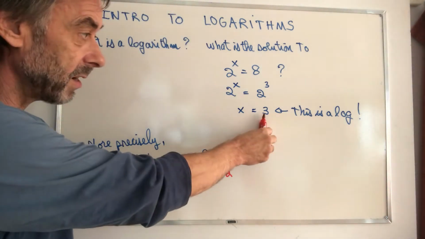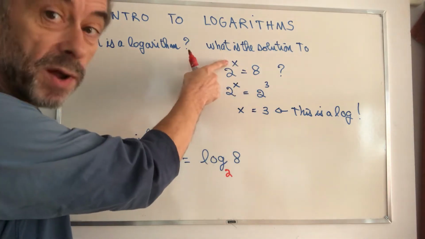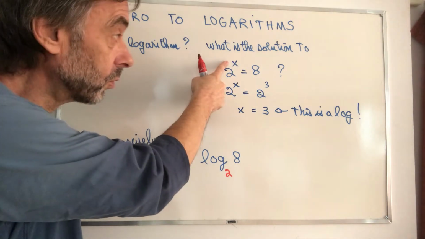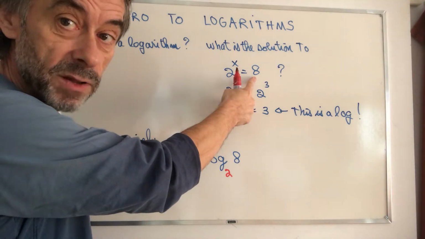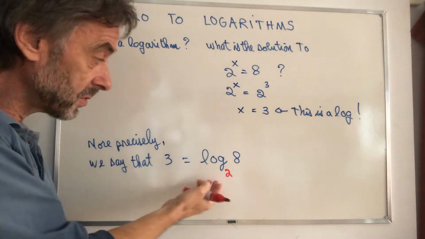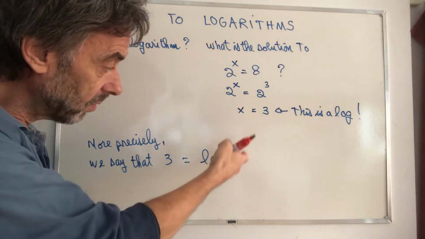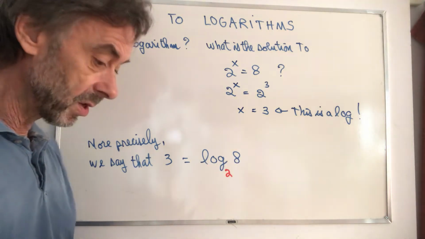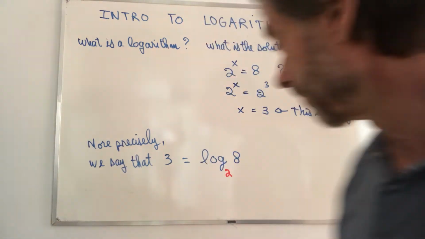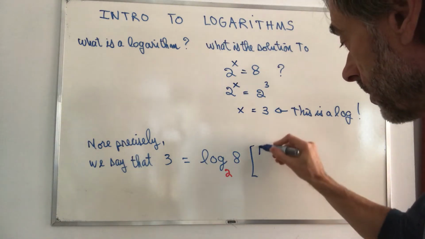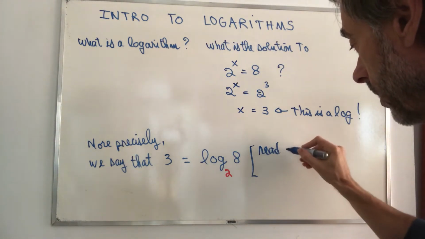So the answer here, which is basically what exponent should I give to 2 so that I get 8, can also be written in that way. This answer 3 is also log of 8 base 2. By the way, this is red.